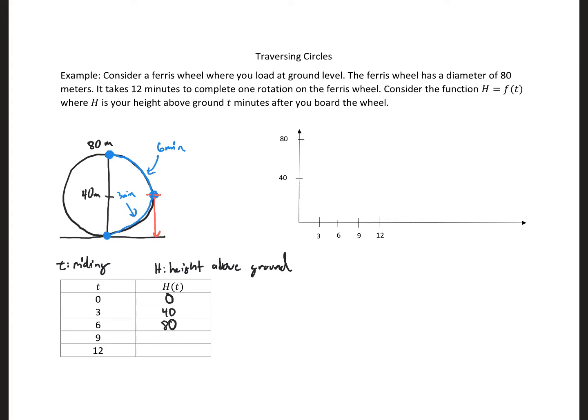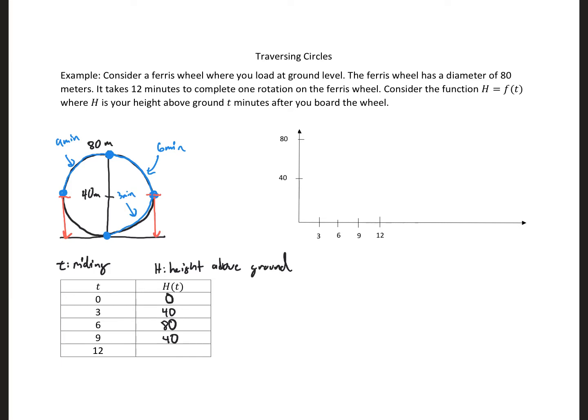After 9 minutes, so 3 more minutes of riding, I'd be back to this midway point. So now this entire blue arc is representing 9 minutes. And again, my height here, back at the midway point, would be 40 meters above ground.